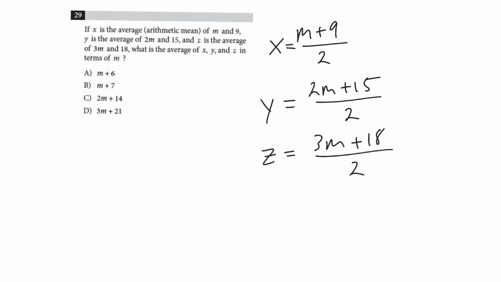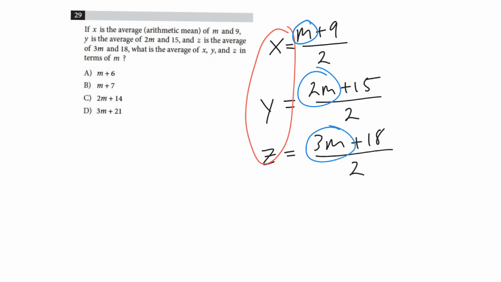Well, I'm just going to add these up and divide by 3. So if I add them all up, I've got 1m here, 2m here, and 3m here.